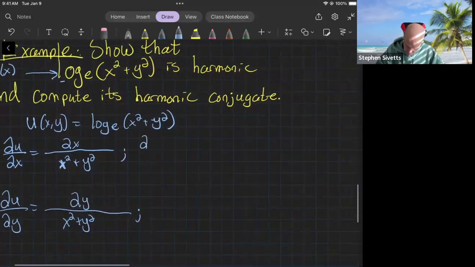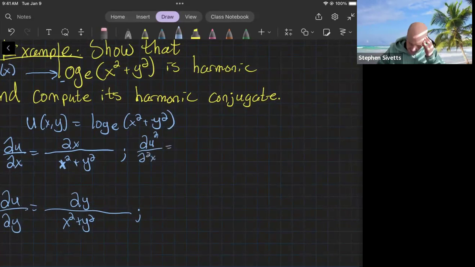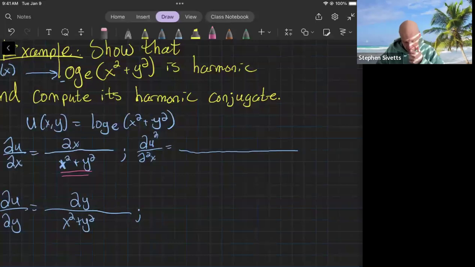Next we need to compute the second derivative. Second partial of u with respect to x. We're going to differentiate this function here with respect to x and treat y as constants. So that would use the quotient rule.